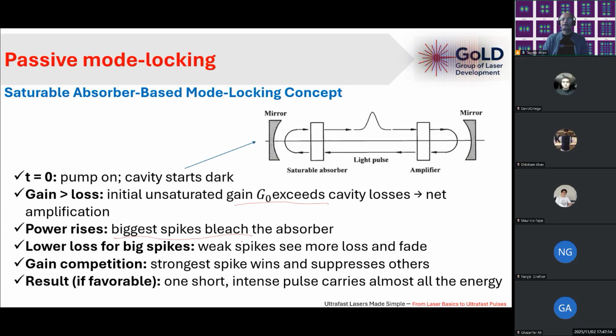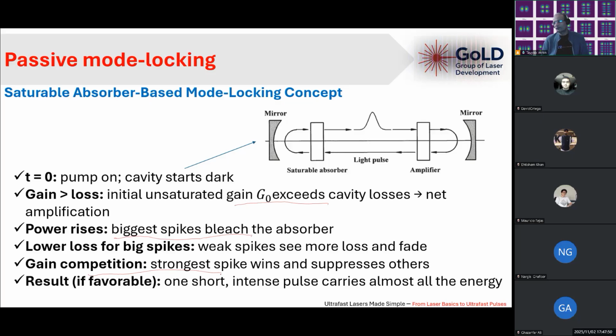Unwanted pulses or low intensity pulses fade out; they are removed somehow. It's called gain competition, as written here, because the strongest spike wins and goes out, and the weak spikes may not be able to go out.